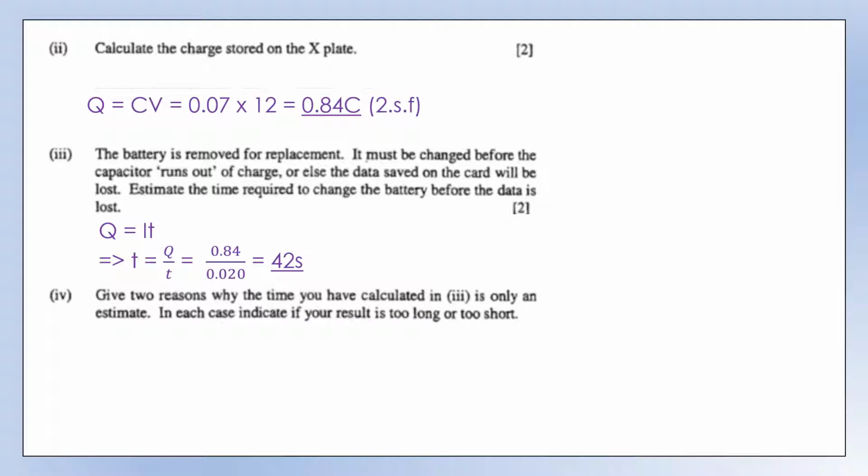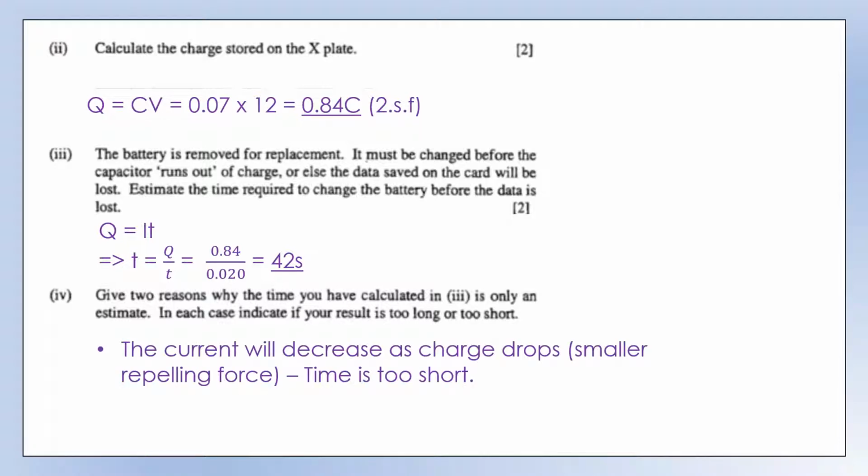Give two reasons why the time you've calculated is only an estimate. Indicate whether that would mean it's too long or too short. So the first thing I thought of is, as the amount of charge on the capacitor decreases, the force repelling electrons off the capacitor is going to decrease.